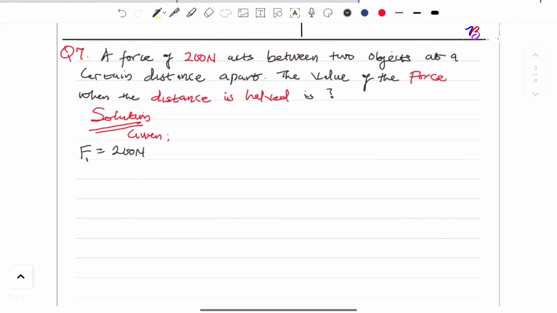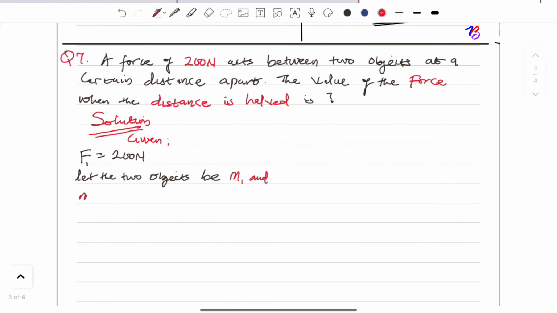Is that clear? Then, by observation, you realize that this question is under Newton's law of universal gravitation. So let the two objects be M1 and M2.